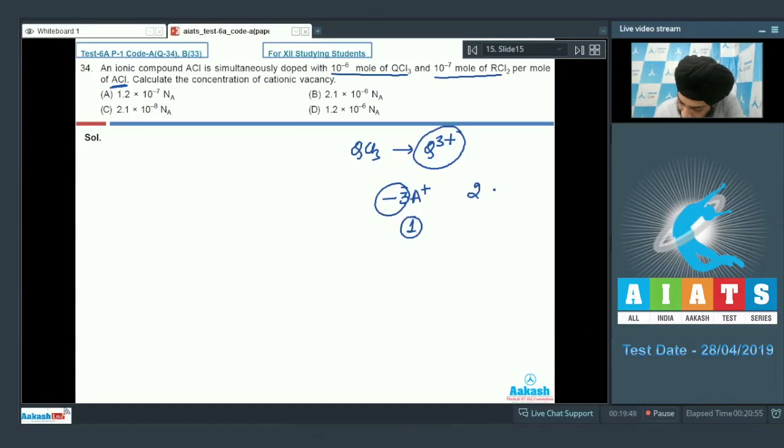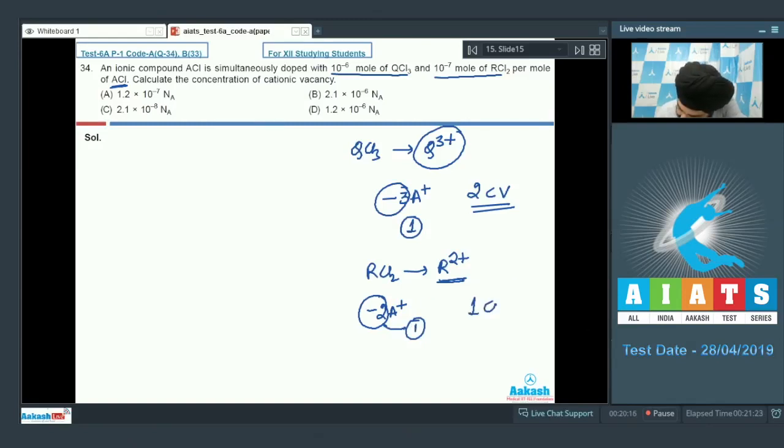So a total of 2 cationic vacancies are created because of induction of one ion of Q3+. If we talk about RCl2 now, similarly RCl2 has the dipositive ion, and for induction of one R2+, there has to be a loss of 2 A+. So 2 sites will be vacant, and out of these 2 sites, one will be occupied by R2+. So this is going to create one cationic vacancy per ion of R2+ incorporated into the crystal.